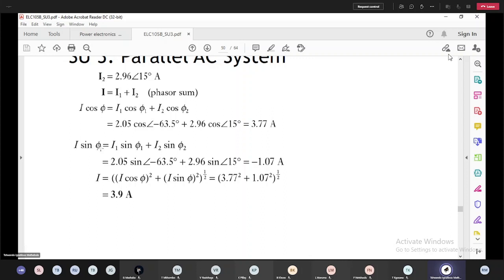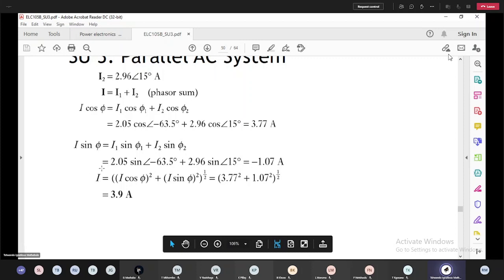So, for example, I sine phi would be I1 sine phi 1 plus I2 sine phi 2, the current from the RL circuit and the current from the RC circuit. If you substitute all the relevant information, I1, phi 1, I2, phi 2, you find that the current is minus 1.07. And again, this minus sign simply tells you where the current is relative to, for instance, your voltage.